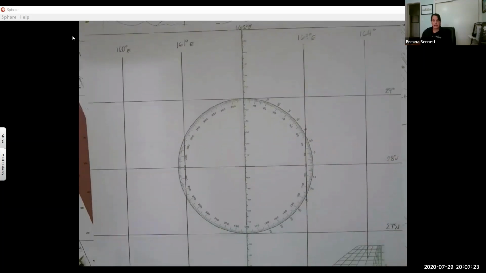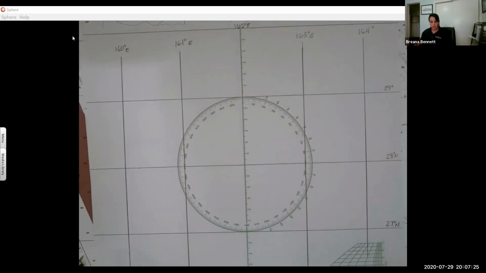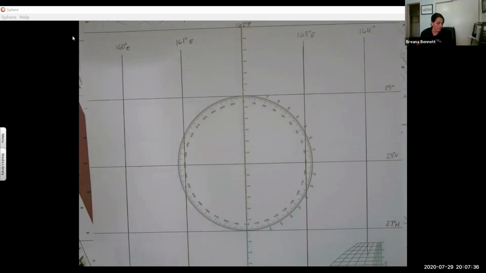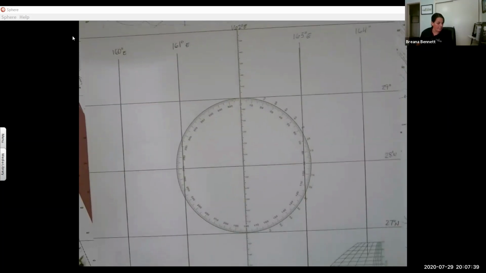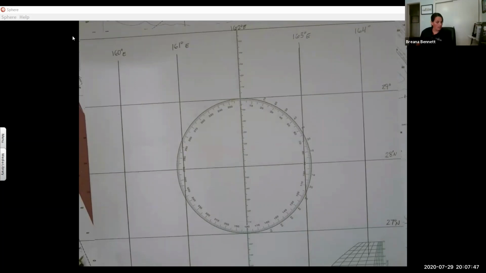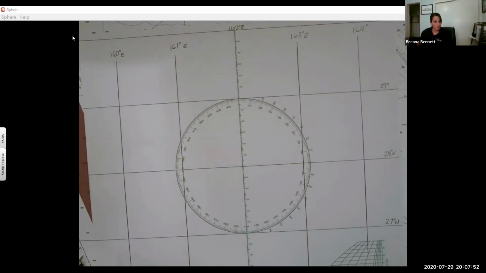So I have set up my plotting sheet. In this question, they did not give us a DR with course and speed. We just have assumed positions and intercepts and azimuths. So I think I'm going to do each one individually. I think that would make more sense.